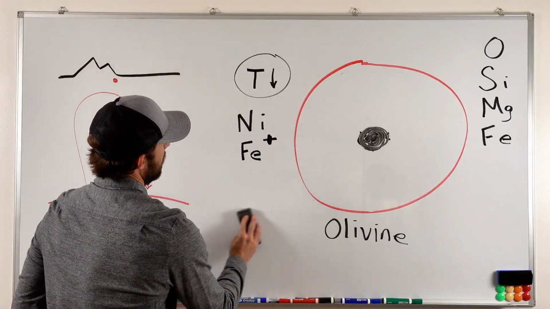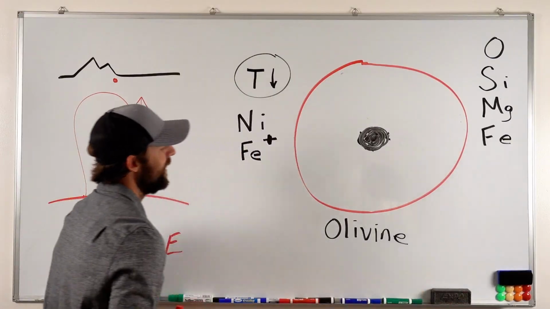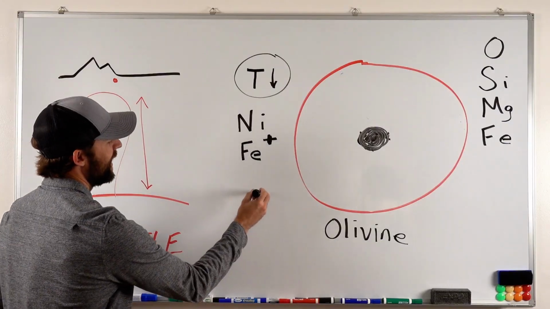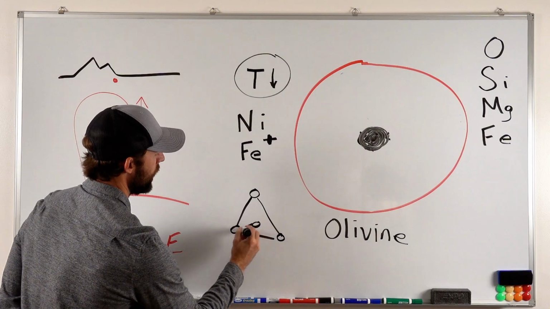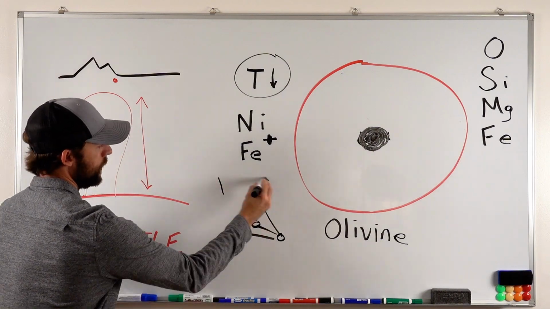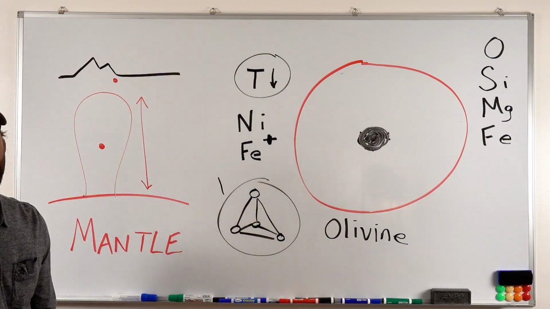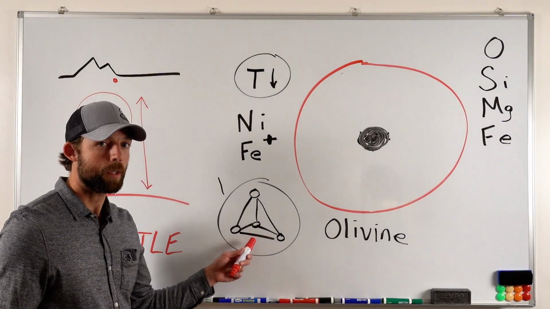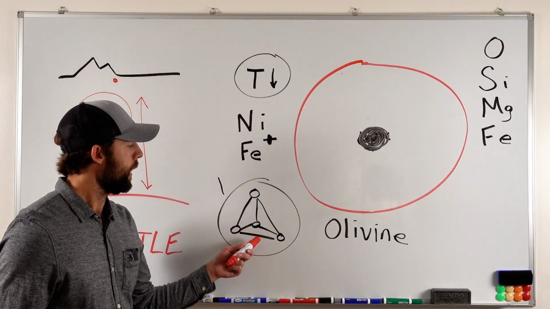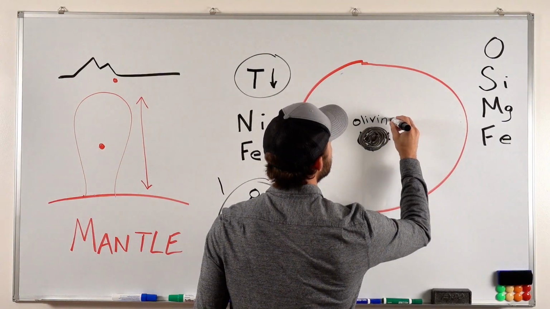Because I shouldn't have erased that. Olivine, that was it. Olivine is literally formed with a single silica tetrahedron. That's it. And so because of that, you can cram a bunch of these together and it's super dense.